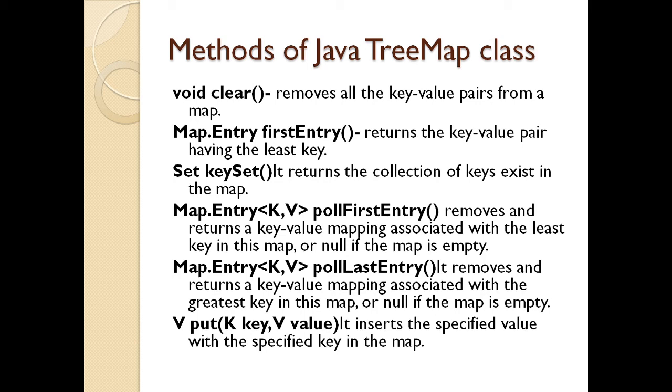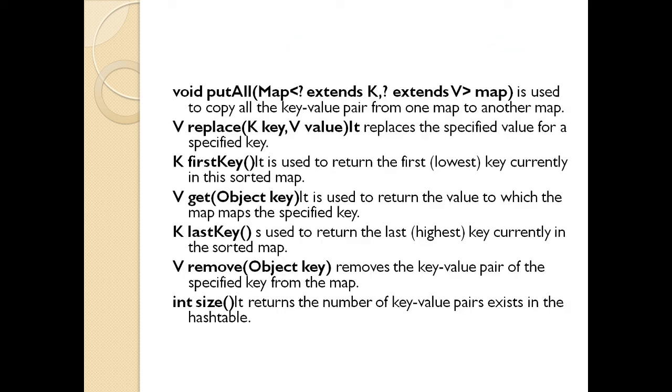Continuing with the methods, the next method is void putAll. I have to pass the parameter Map<? extends K, ? extends V>. It is used to copy all the key-value pairs from one map to another. We pass the parameters key K and value V to replace. It replaces the specified value for a specified key. K firstKey is used to return the first, that is the lowest, key currently stored in the map.